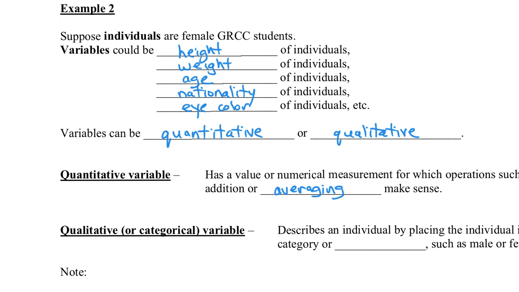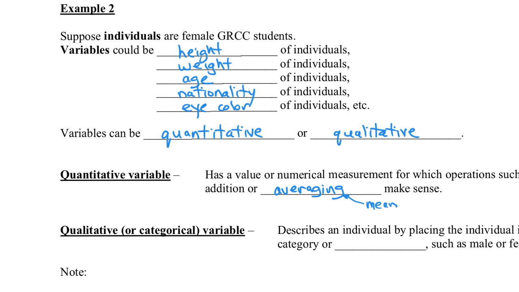And when you think of averaging, think of the mean, not the mode. Think of, would it make sense to say what is the mean? If it does, then it'd be a quantitative variable. So if you're trying to figure out the average age of a student's car, you could definitely find the mean age of a car, right? What about the mean make of a car or the mean color of a car?